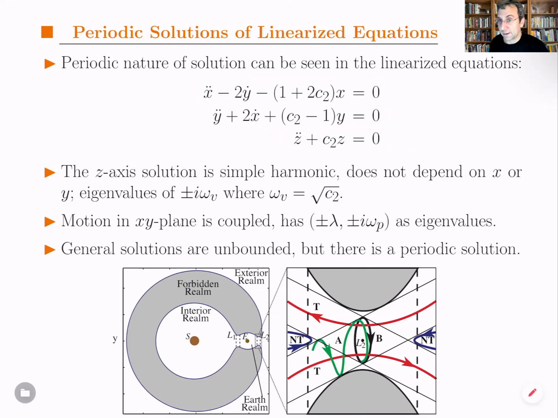So the x-y dynamics are coupled, at least in this linear approximation, and then z is uncoupled. For this set of equations, we get 6 eigenvalues. We're going to have a purely imaginary pair that corresponds to the z dynamics. And then we'll have a purely real pair and a purely imaginary pair that corresponds to the xy plane, or the horizontal dynamics.